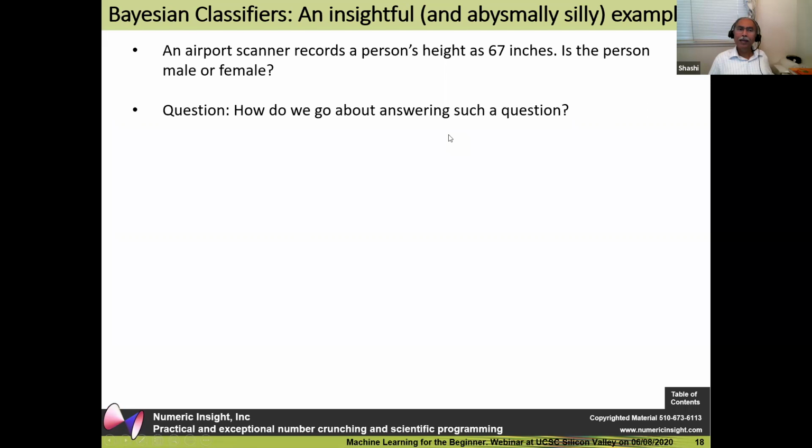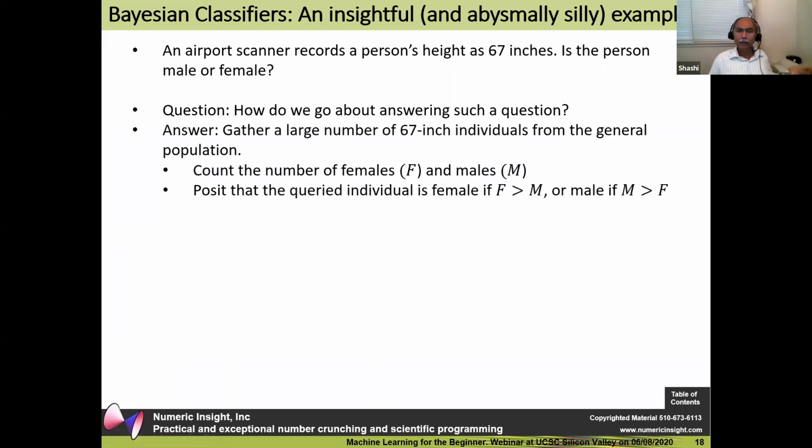Here is one possibility. You gather a large number of 67-inch individuals from the general population. And when we say general population, we mean the population that might ever walk through an airport scanner. And you just count the number of females and the number of males. Count the number of women and count the number of men.